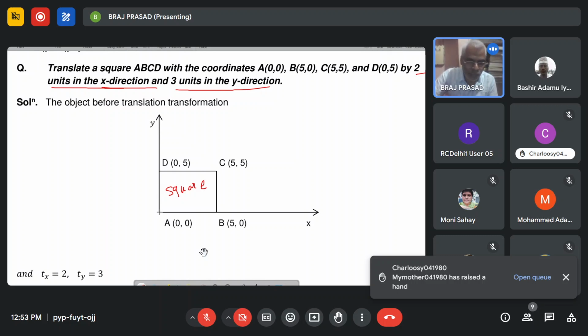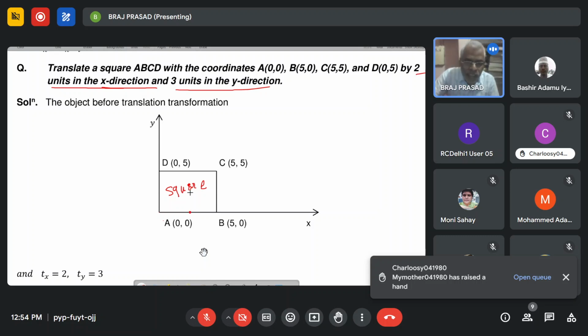Suppose it is our 0, then 2 units. Suppose it is our 2 units, and 3 units in y direction. So this A is shifted 2 units along the x axis and 3 units along the y axis. So this A is shifted somewhere at this place.